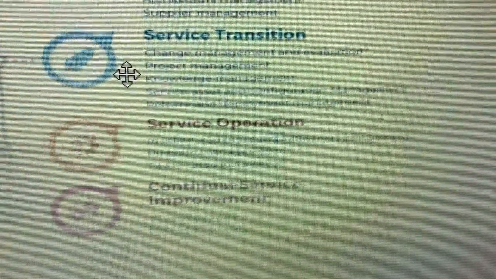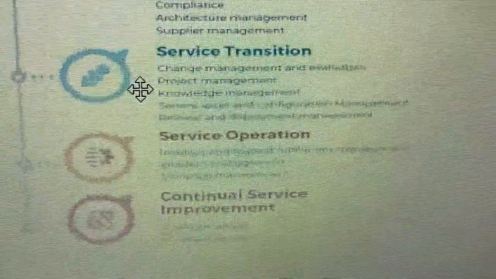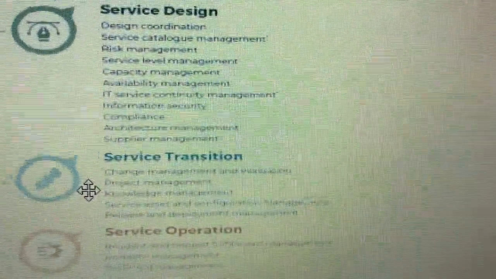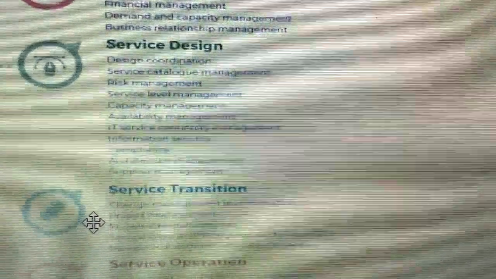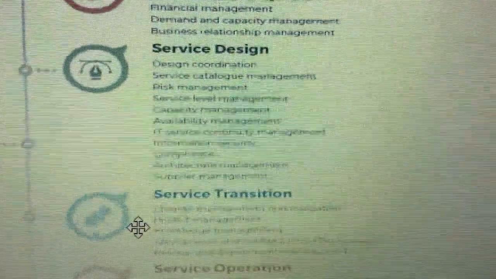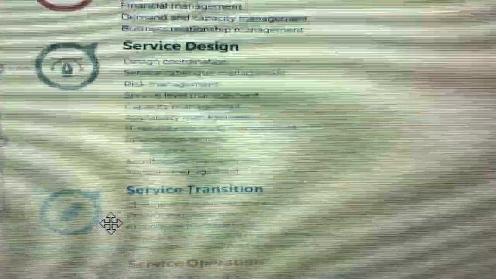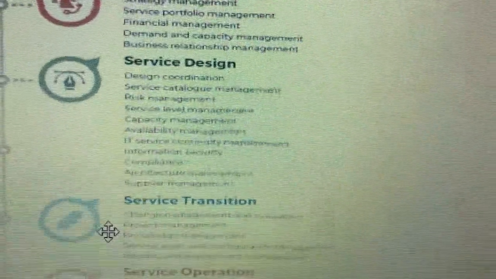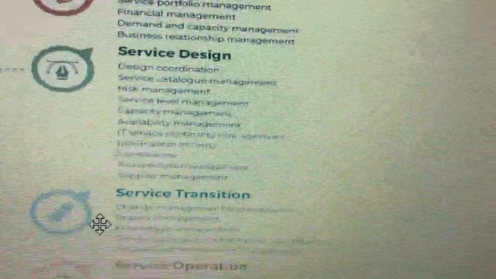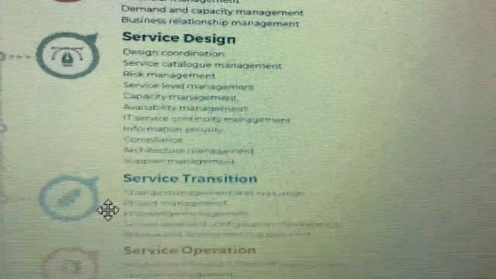It has further processes: change management and evaluation, which control the life cycle of any IT change, and service catalog management, which plans and manages the activities and maintains information that is provided by the organization.